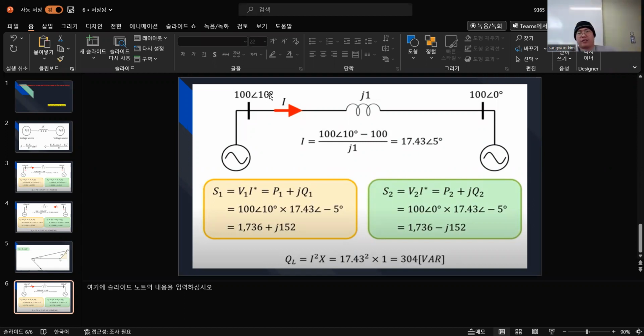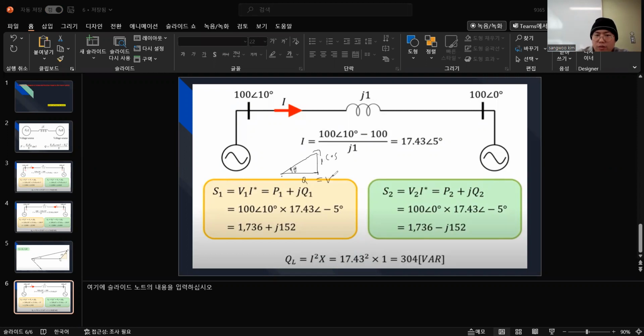Okay, look at that. Here is a cosine, right? I said angle is here, right? And this and this is P, Q.